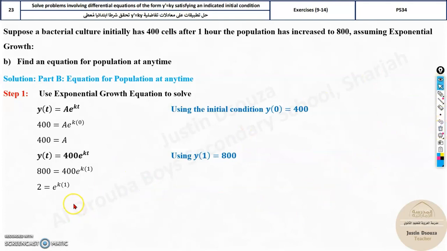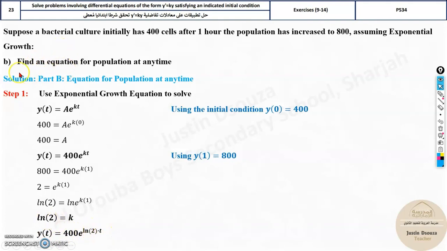So we take natural logarithm on both sides, and what remains is natural logarithm 2 equals k into 1, which is k. So we found the k value and a value. All you need to do is substitute back, because they asked for any time, so t must be written as t itself. Now y of t equals 400 e to the power natural logarithm 2 into t.